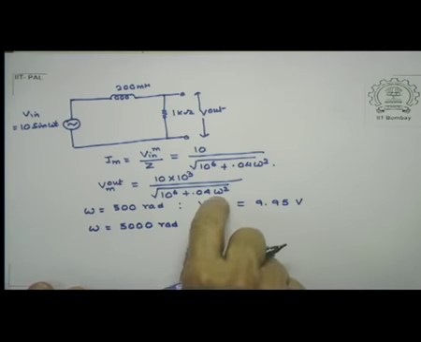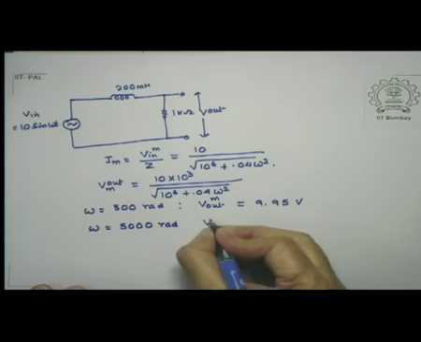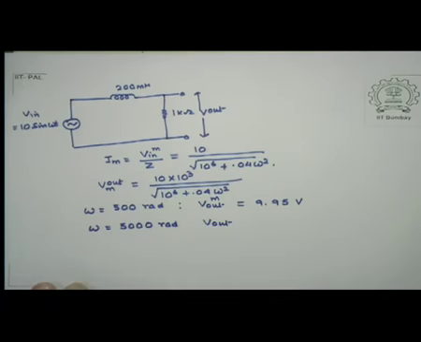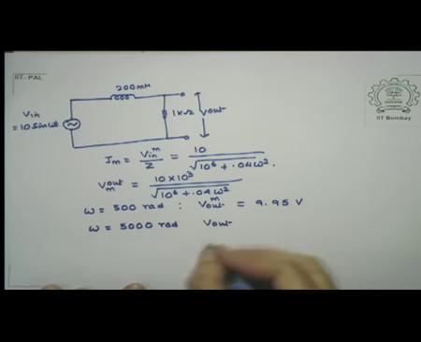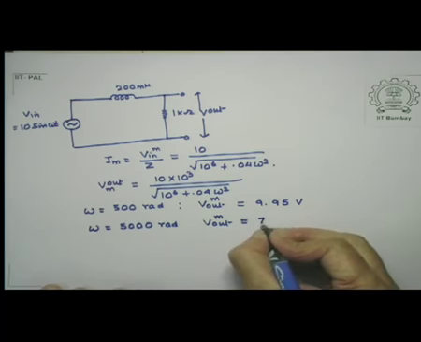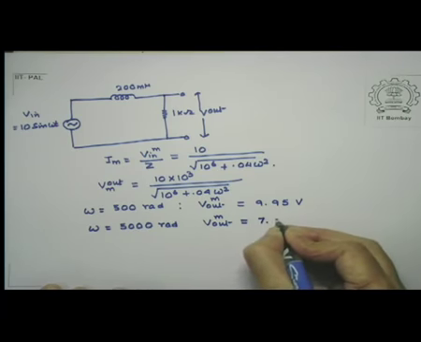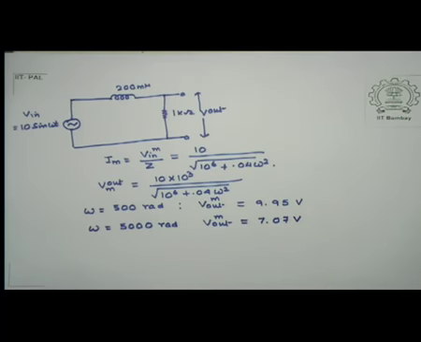You can substitute the same values there, and you find that the V out, naturally your omega is increasing, and omega being in the denominator, the value of V out is decreasing, and in this case it works out to 7.07 volts.